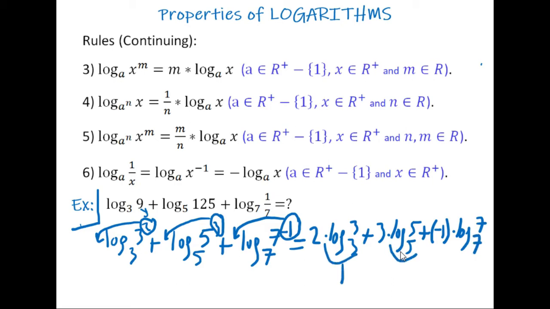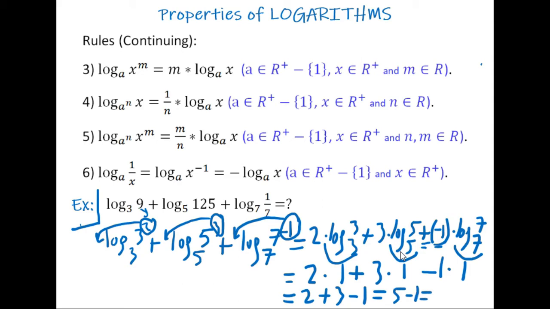Logarithm of 5 in base 5 is 1. Logarithm of 7 in base 7 is 1. And the numbers in front of these expressions are, the first one is 2 plus, in the second term we have 3, because there is a plus sign and there is a negative sign. If you multiply a plus by a negative, then the result is going to be negative, of course. So it's going to be negative 1 times 1. So this is equal to 2 plus 3 minus 1, and that makes it 5 minus 1, which is 4, of course.